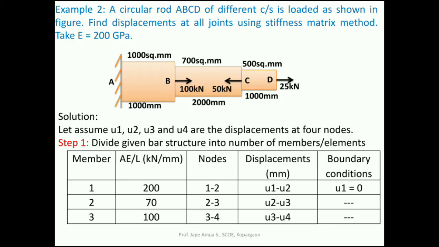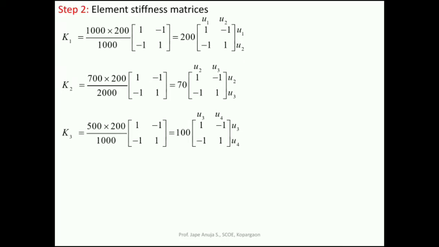Now step number 2, that is to write element stiffness matrices. As there are 3 elements, from that table you can write the values of K1, K2, K3. K1 equal to 200 multiplied into the matrix, 200 minus 200, minus 200, 200.